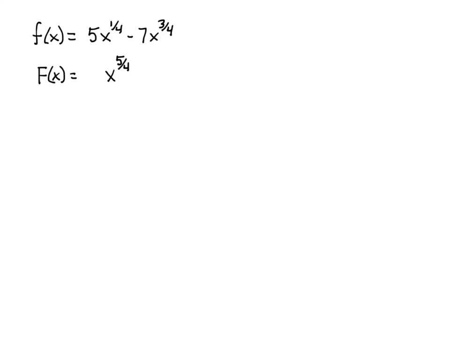x to the 1/4, but what we really want is 5. So if we take the coefficient to be 4, all right, then when we take the derivative of it, the 4 and the 5/4 multiplies out to 5. Second term the same way.